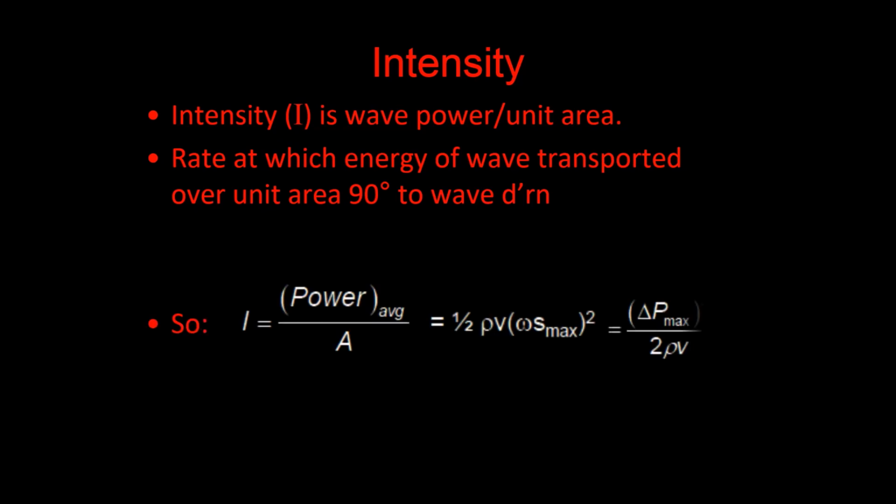Essentially I, our intensity, equals the average power of our wave over an area. This will equal 1/2 rho v omega s squared, which gives us delta p squared over 2 rho v. And this is probably the more condensed and more useful formula.